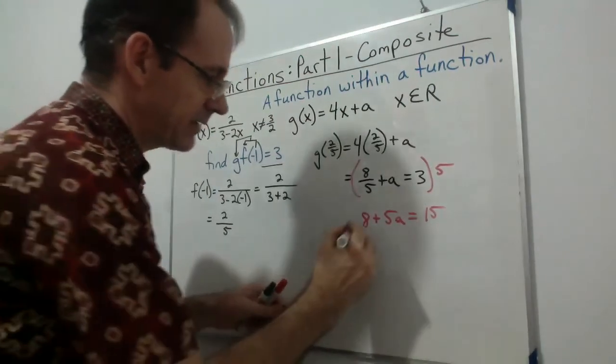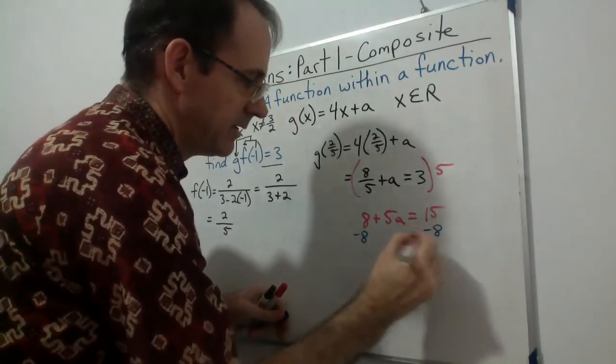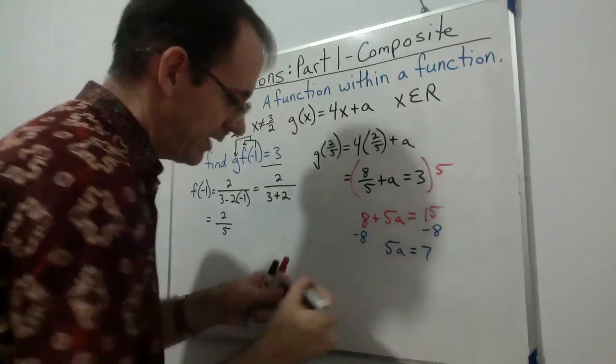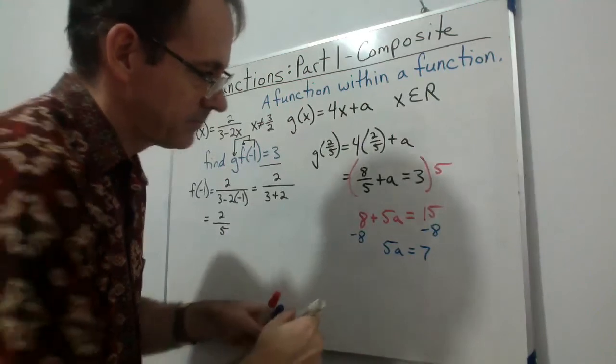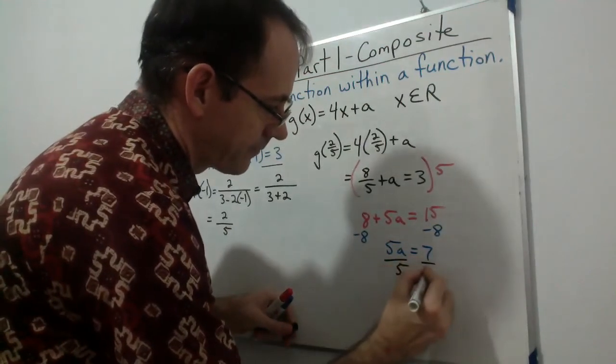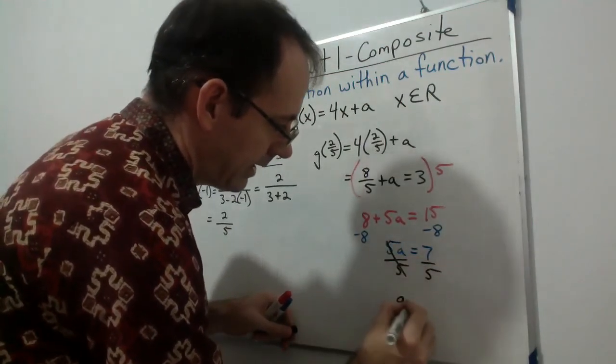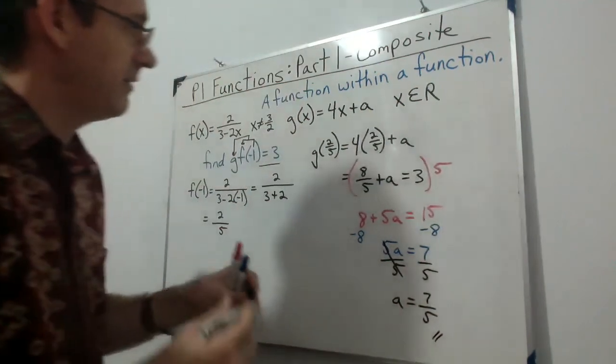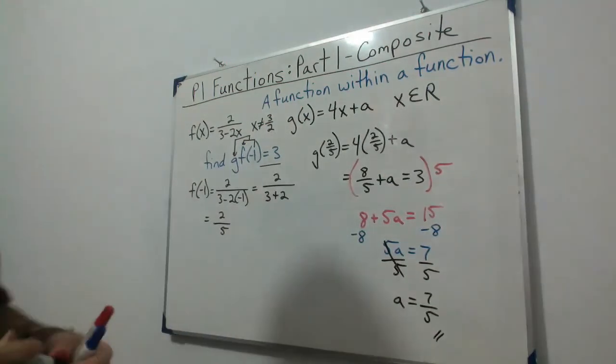So when we subtract 8 from both sides, that gives us 5a equals 7. And then we divide by 5. a equals 7/5, and that should be our answer there.